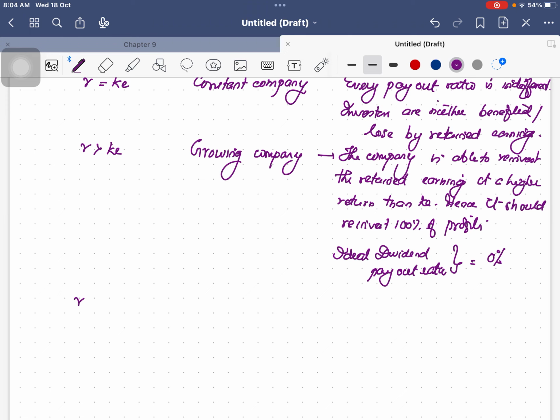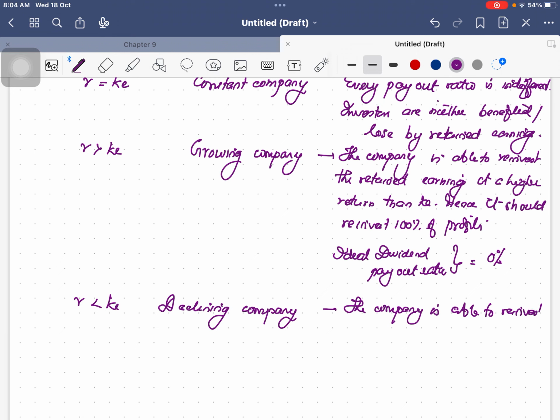Now the third one, R is less than KE, so it is a declining company. The company is able to reinvest the retained earnings only at a lower return than KE.